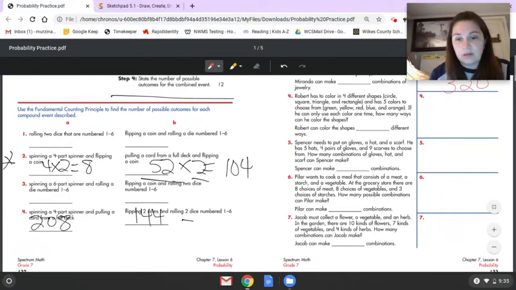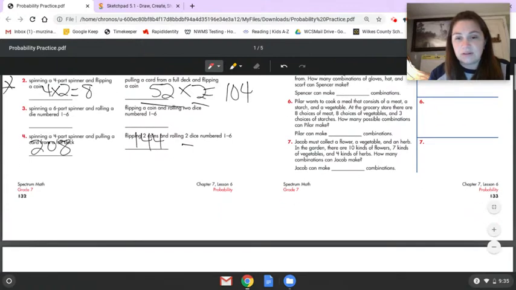And then we'll go down, we'll do the very last one on this page, number 7. It says Jacob must collect a flower, a vegetable, and an herb. In the garden, there are 10 kinds of flowers, 7 kinds of vegetables, and 4 kinds of herbs. How many combinations can Jacob make?